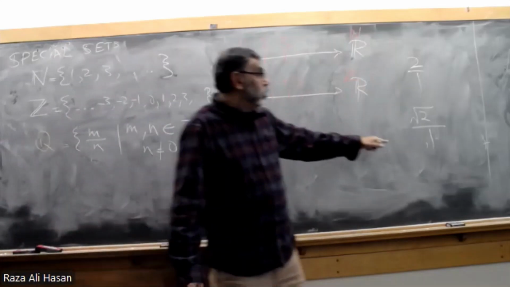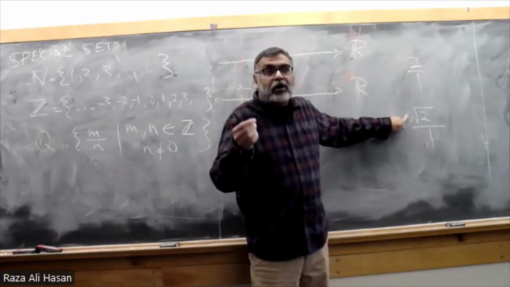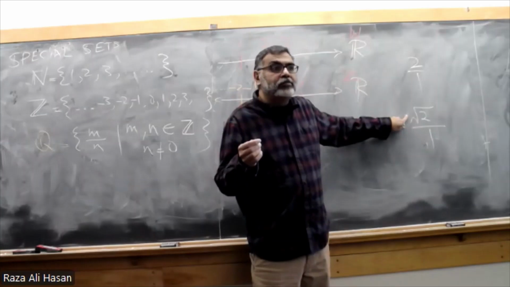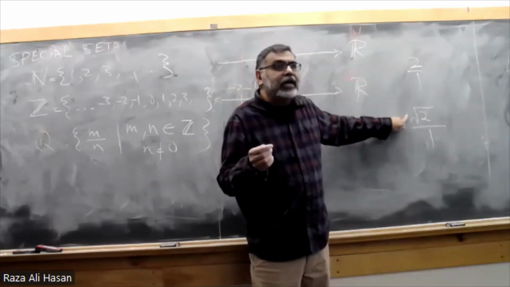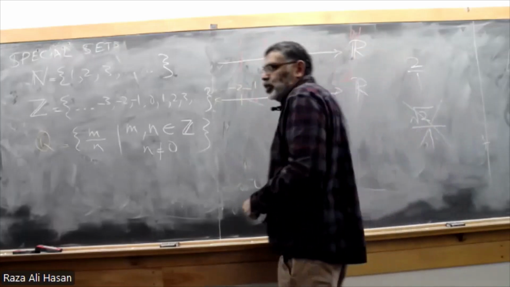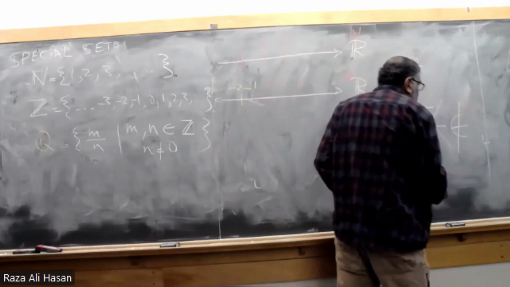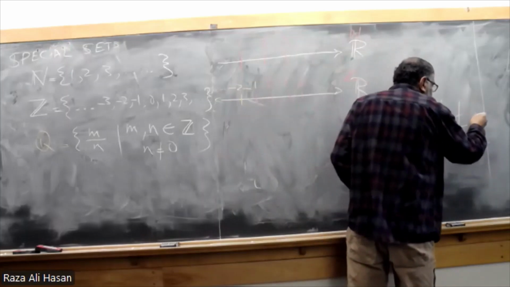What have I done here? 1 is an integer, but square root of 2 is not an integer. In fact, it's an irrational number, and therefore, this is not a rational number. So this number does not belong to Q.